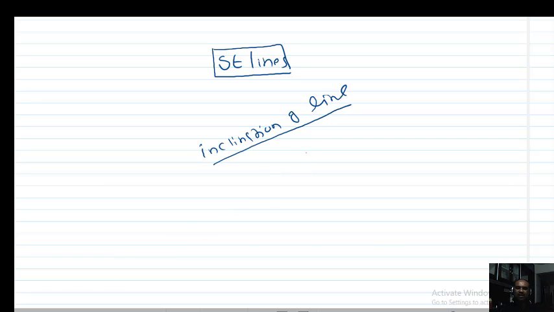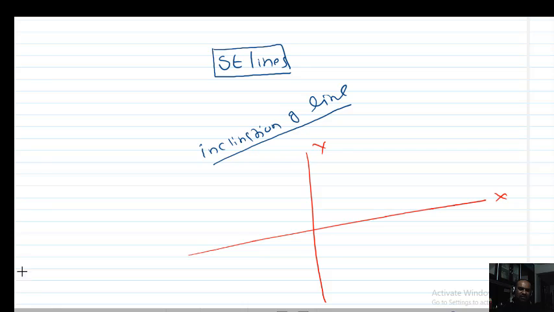Students, listen. Take a coordinate system. This is the x-axis, this is the y-axis. Draw any line on the coordinate plane. For example, this is the line. The angle between the x-axis and that line, the positive angle, meaning the angle made by a line with the x-axis in the positive direction, is called its inclination.